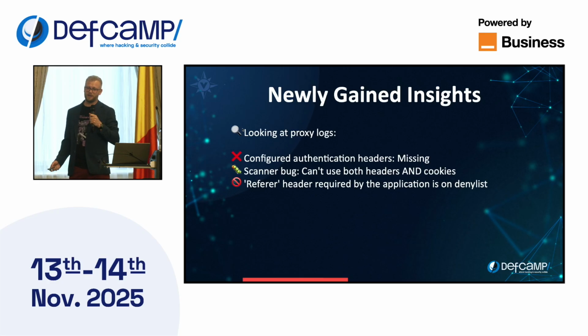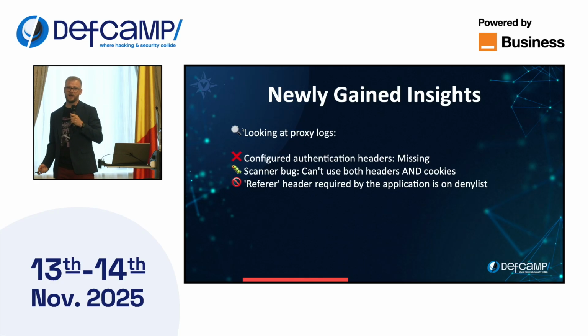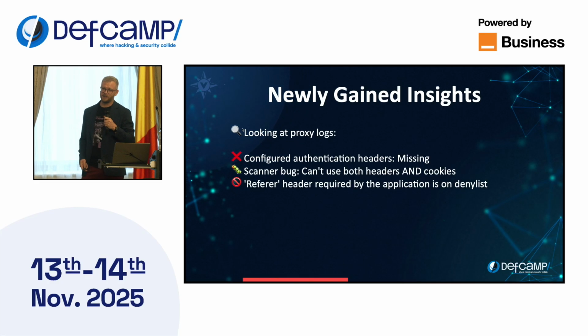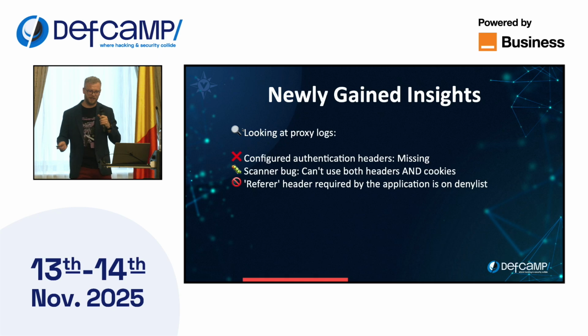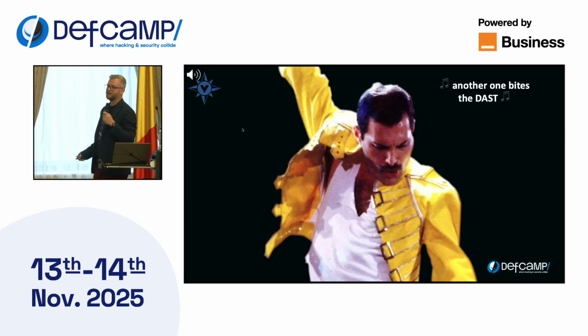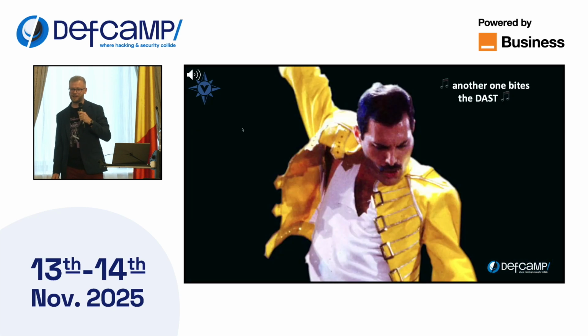Well, not quite, because there are some, let's say, deny lists in the tool that don't let you set certain headers, like you cannot change the host header, you cannot change the referrer header, and so on and so forth. Well, it's kind of a bummer, right? Again, facing the issues with these tools.